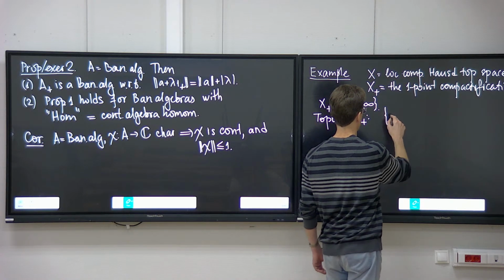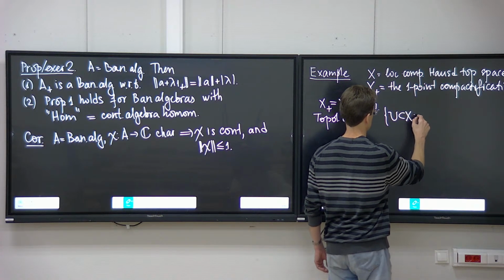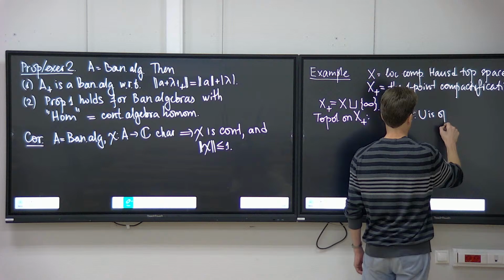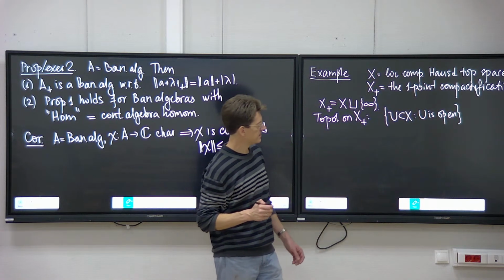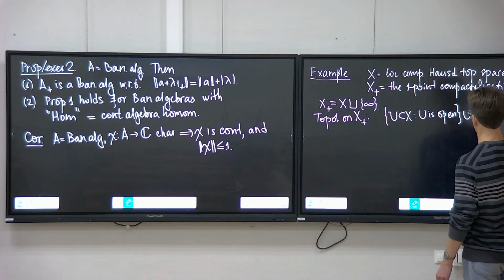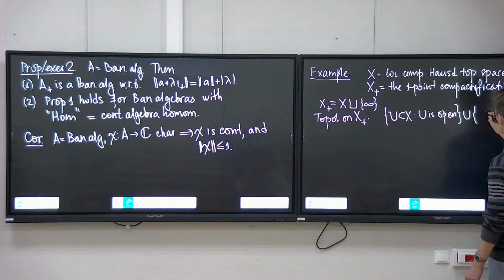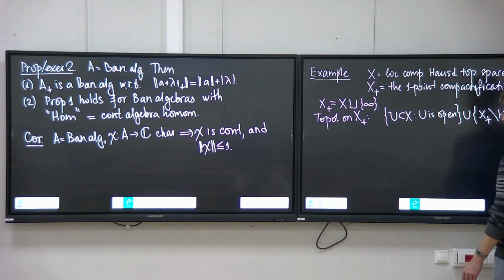First, we take all open subsets of X, and by definition they will be open in X plus. And also we consider neighborhoods of infinity, which are complements in X plus of compact subsets of X. So this is the standard topology on X plus.